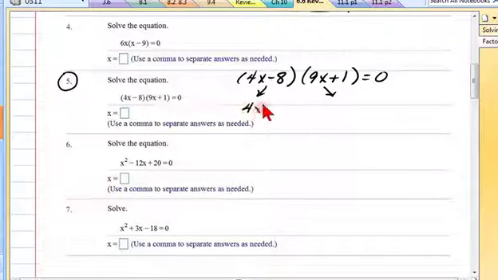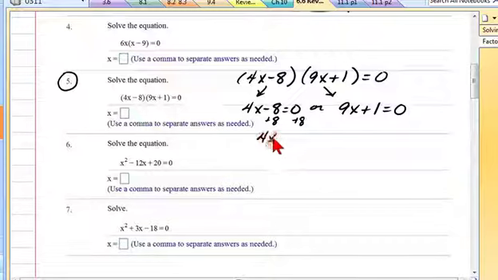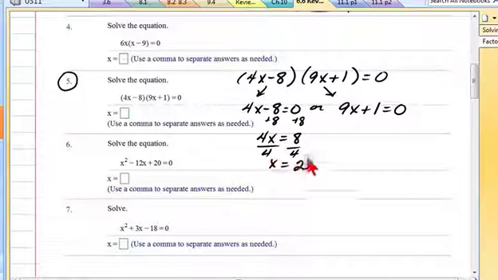I know that 4x minus 8 equals 0 or 9x plus 1 equals 0. The first equation, it's a little bitty linear equation, so I would add 8 to both sides, so I get 4x is equal to 8. Divide by 4, and x is equal to 2.